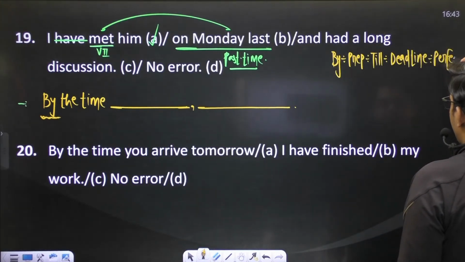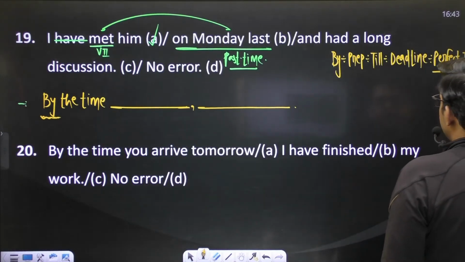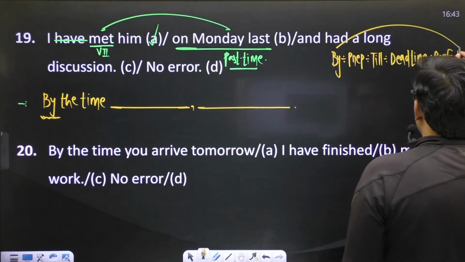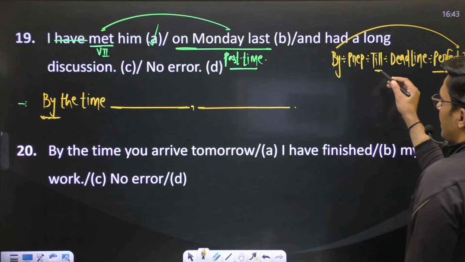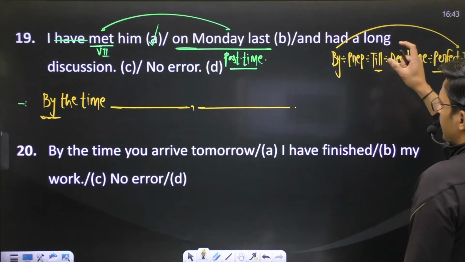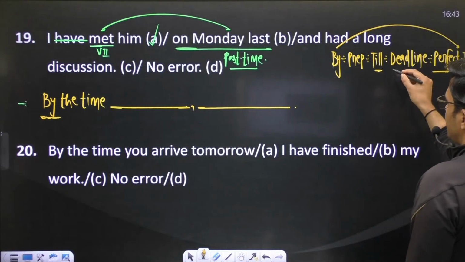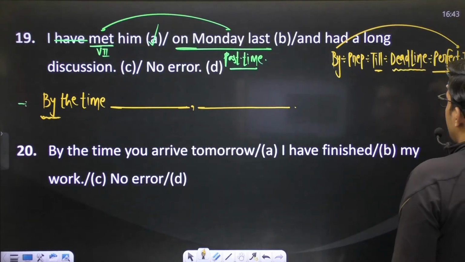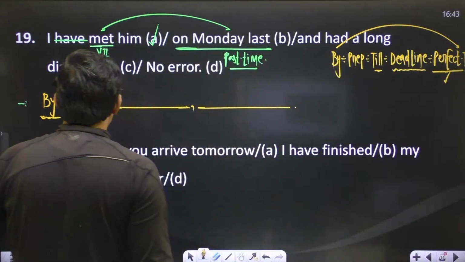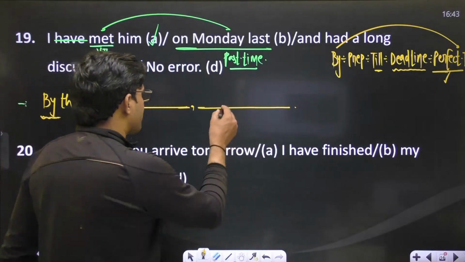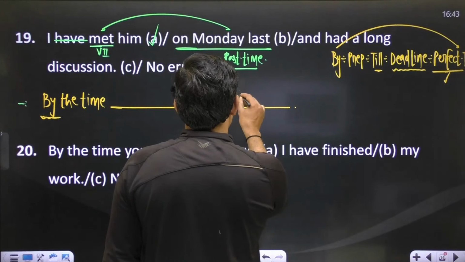It always demands perfect tense, and this perfect tense is because of this preposition "by", which shows the sense of till. Till means till any point of time, this sentence will be in deadline. To show deadline it demands perfect tense. So whenever you get "by the time", we use perfect tense in the second clause.